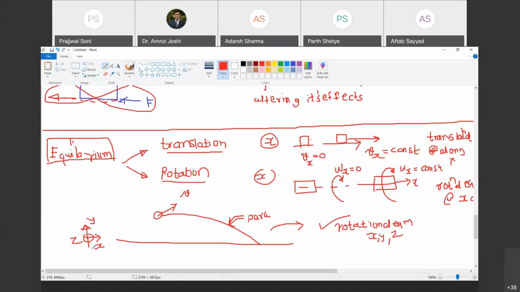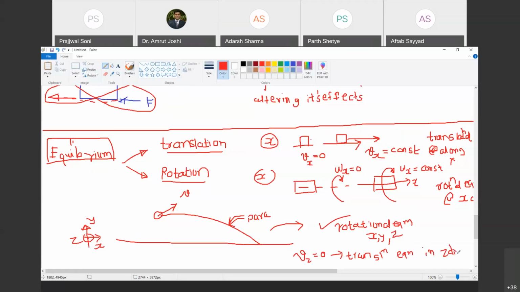No, tell me in terms of definition. Can I say at every point along this travel, Vz is 0? Yes sir. So as Vz is 0, there is a translational equilibrium about Z axis. Do you agree with me? Yes. Translational equilibrium in Z direction.